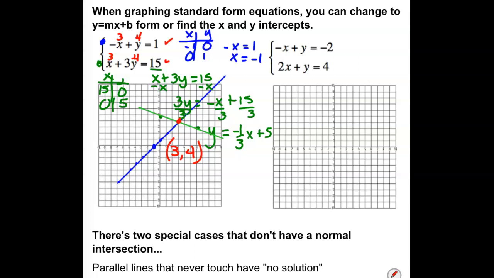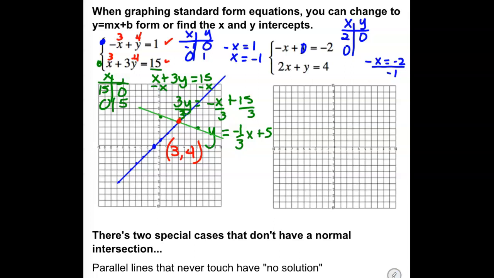All right, for this next one, let's go ahead and use our table of values, finding our x and y intercepts, since our numbers here are pretty small. If we put a 0 in for y, we have -x equaling -2. When we divide out the -1, we get x being 2.